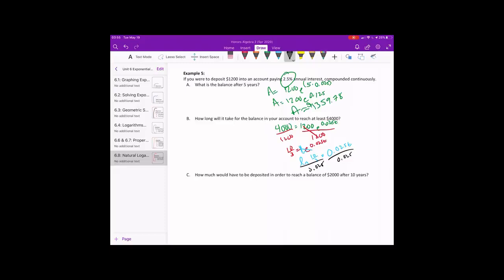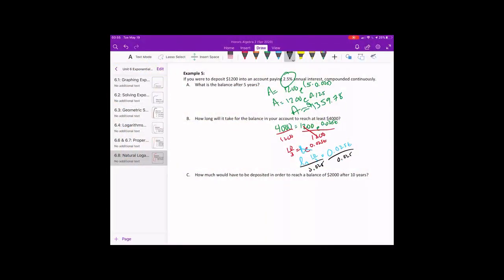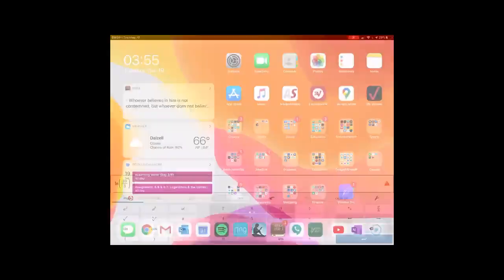So we've got the natural log of 10 thirds, close our parentheses, divided by 0.025.